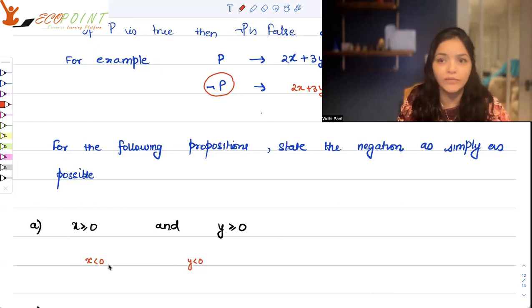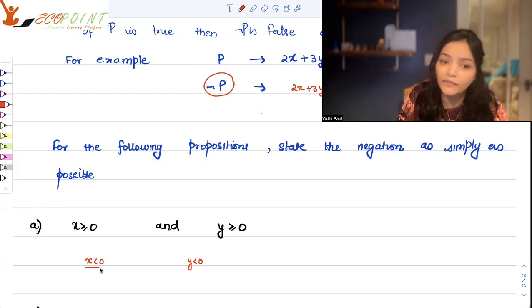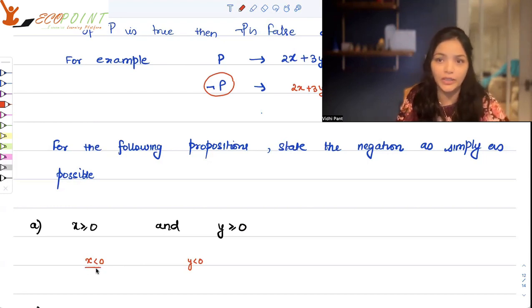So equal will not be a part of your negation of what we are doing in the proposition. In case x is strictly less than 0, then your proposition is not true. In case y is strictly less than 0, then also your proposition is not true. In case we just have one of them happening, the proposition will become false, right?